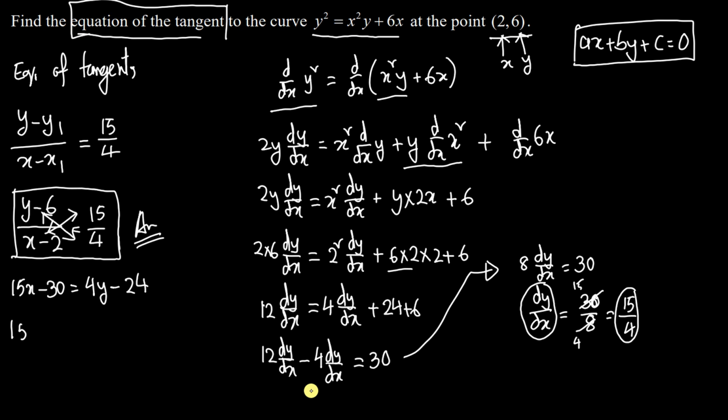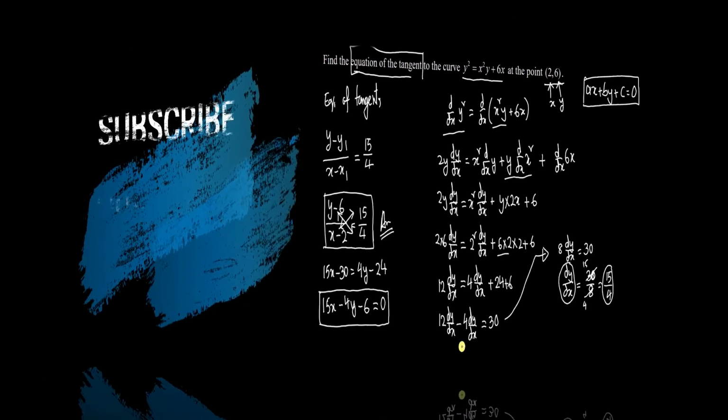So the final answer we would write is 15x minus 4y minus 30 plus 24, which is minus 6, equals 0. This is our final answer if the question is asking us to express it in linear form.